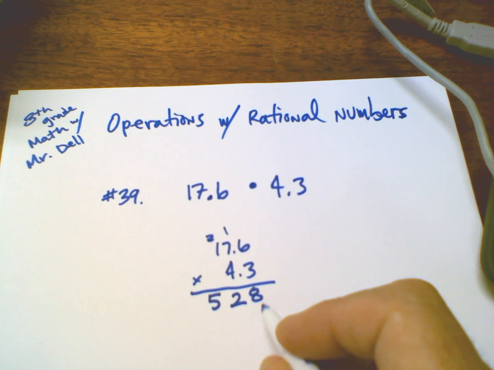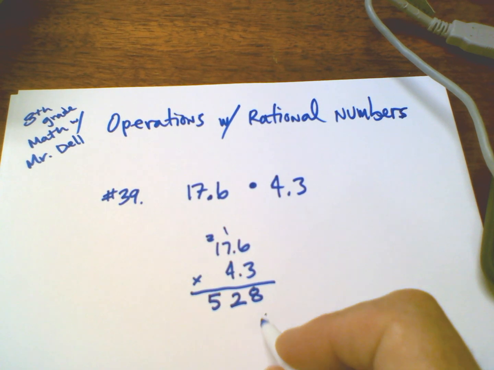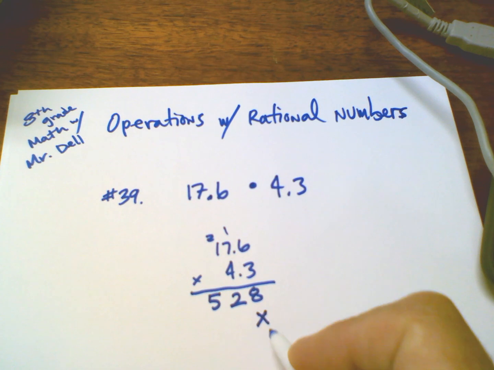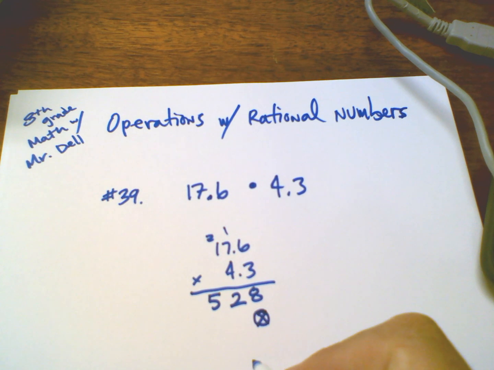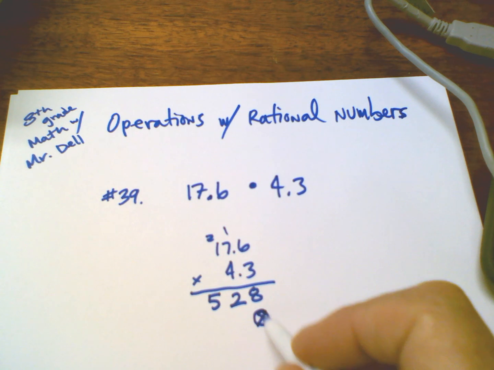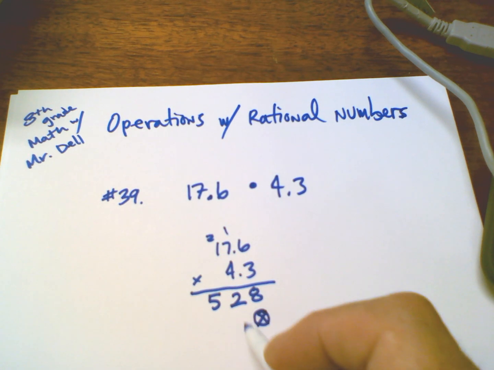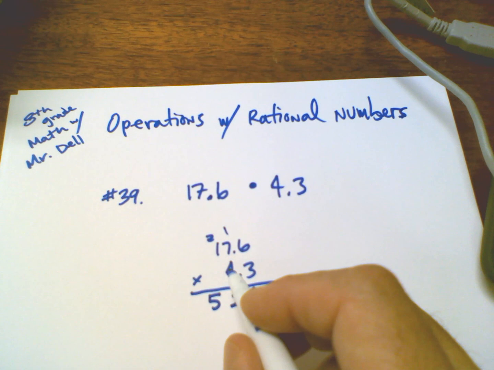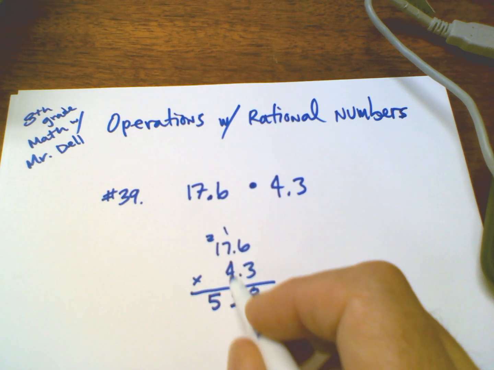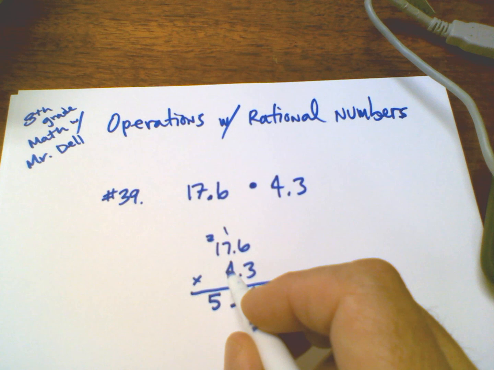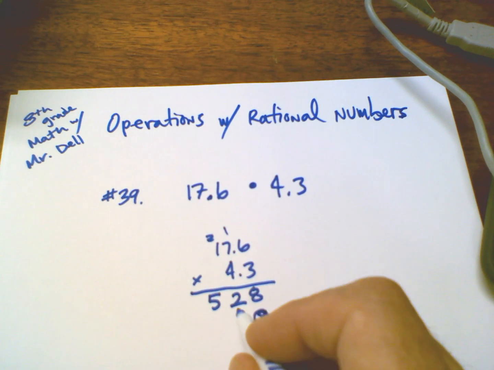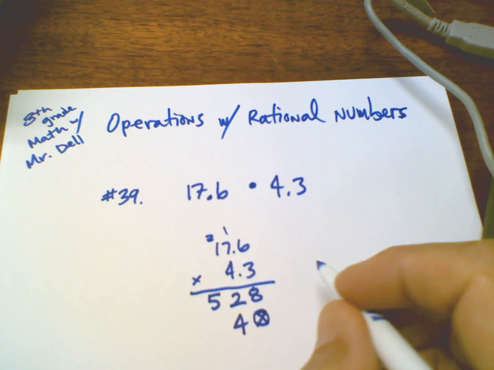And then again, we have our space here. Some people use an X, some people just put a 0, but your space needs to move over when you go now to the tenths. I'm multiplying in the tenths place here. The tens are the ones here in this situation moved over once. 4 times 6 is 24.